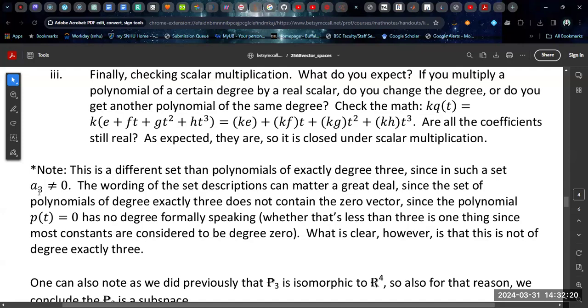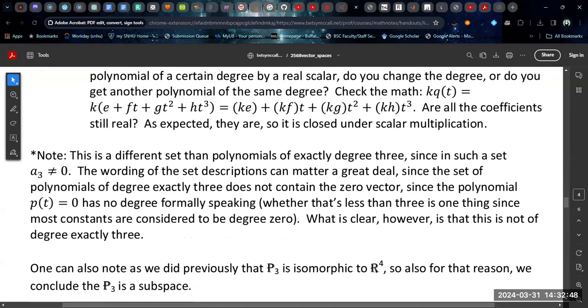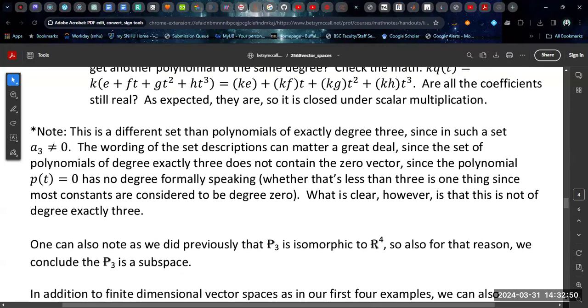But if it says they're exactly degree 3, the 0 would not be in the set, because you could not get rid of that t cubed term. So you have to read these descriptions very carefully, because they matter a great deal in terms of what is and is not in the set, especially if they do the description in words rather than by listing out an example element.